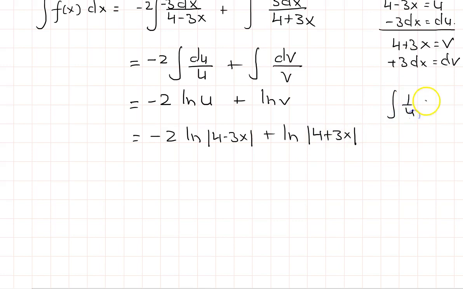Integral 1 over u du, or 1 over x dx, is ln mod u. And don't forget to write plus c.